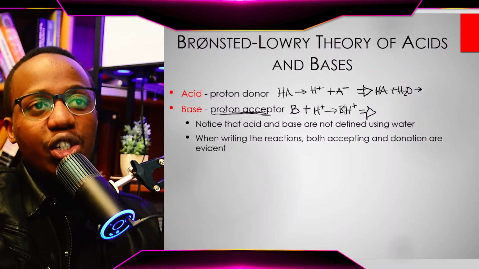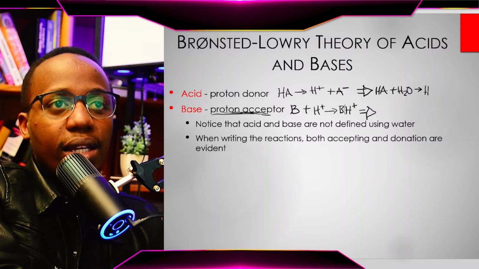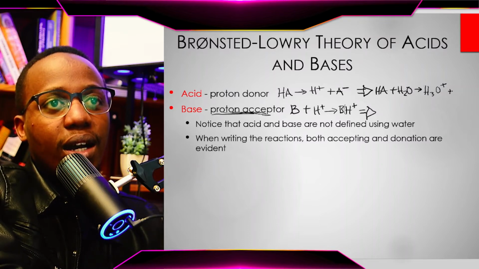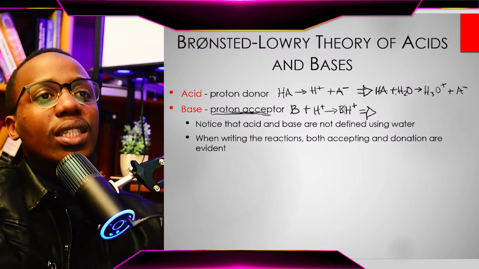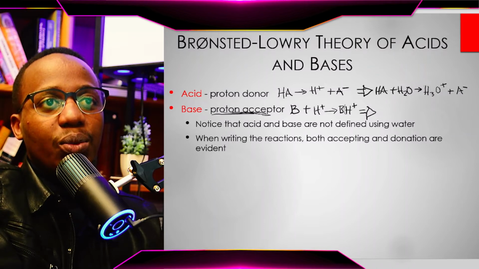It's going to go and join water. So it's going to be H3O plus because it has joined water, and then you have your A minus here. So this is how this equation is represented when we add water.